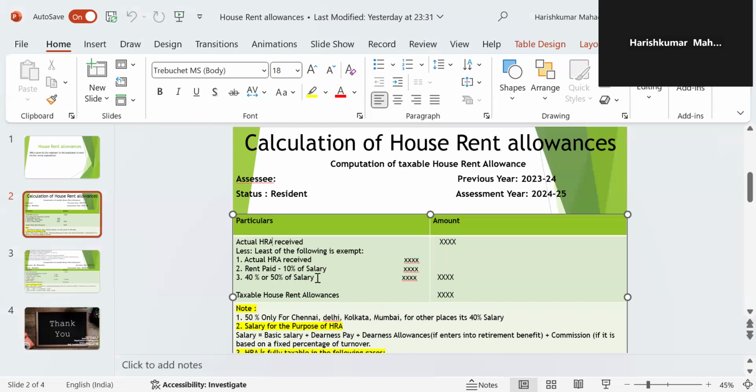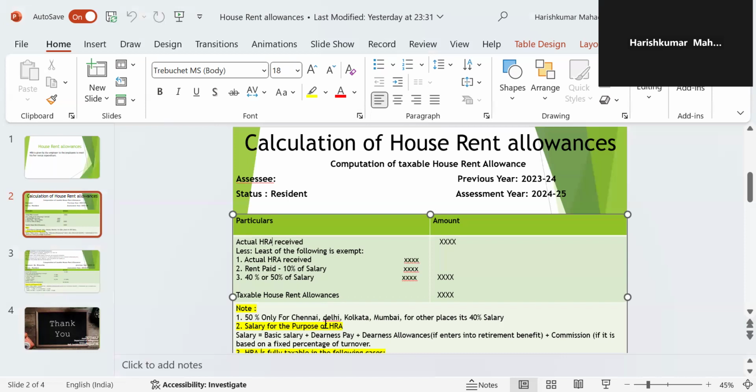See, 50% of salary will always be only for Chennai, Delhi, Kolkata, Mumbai. If you are taking a house for rent in Chennai, Delhi, Kolkata, Mumbai, we call them metropolitan cities.